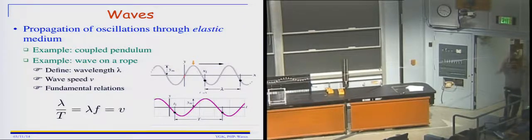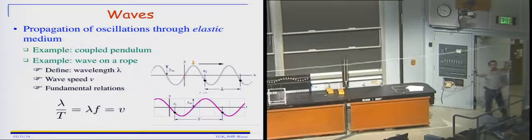One side of the string will tug on another, cause it to move. That piece will tug on its neighbor, will cause it to move. This piece will tug on its neighbor, will cause it to move. And this motion will propagate along the direction of the string with some velocity. You see the motion propagating from left to right and then backwards with some speed.